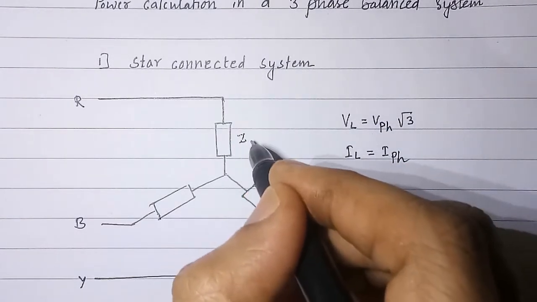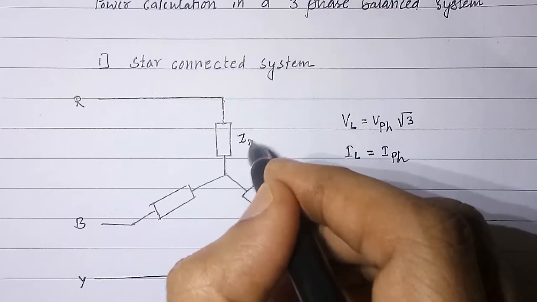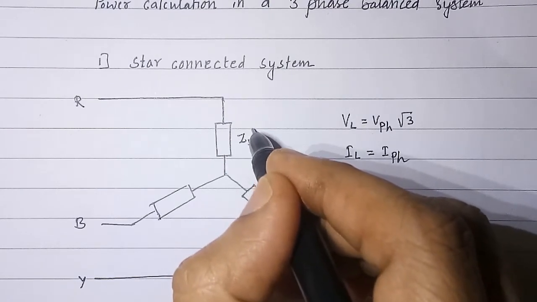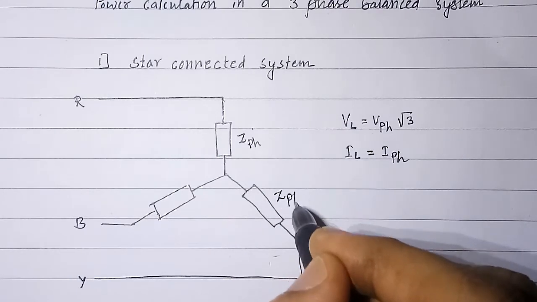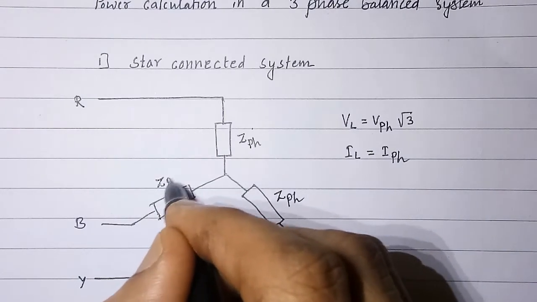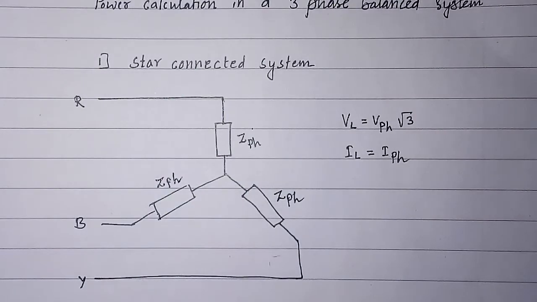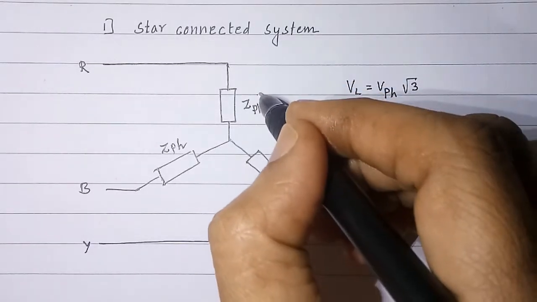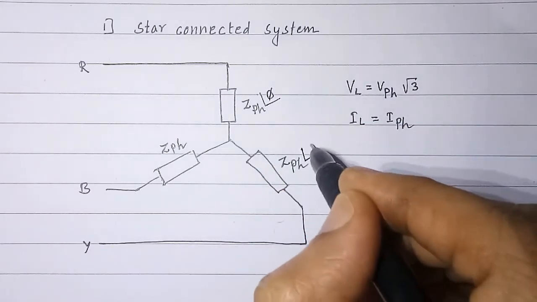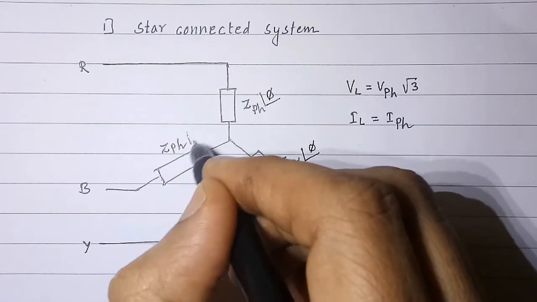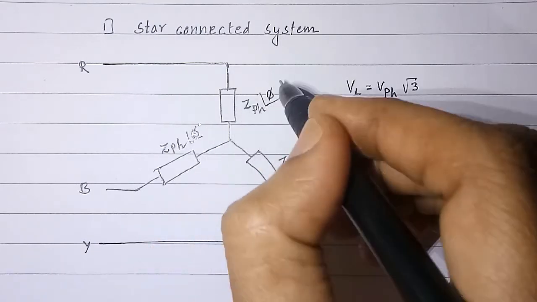Say this is impedance ZPH, and ZPH, because in balanced three-phase system all impedances will be equal in magnitude and in phase. Say these impedances are having phase angle of phi.